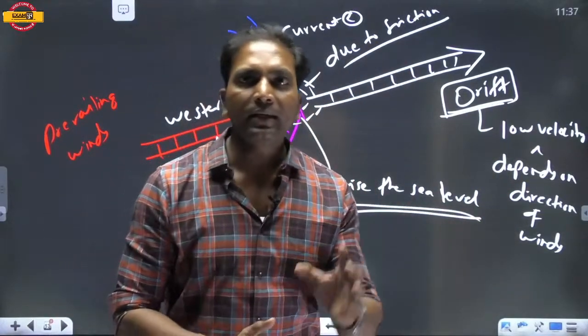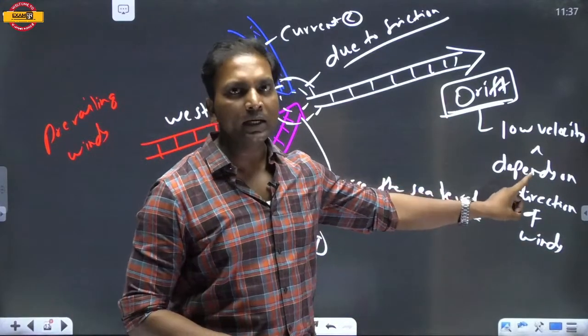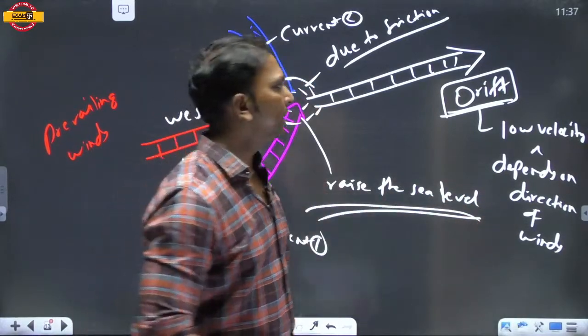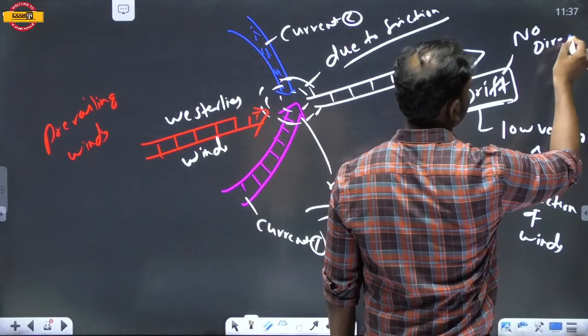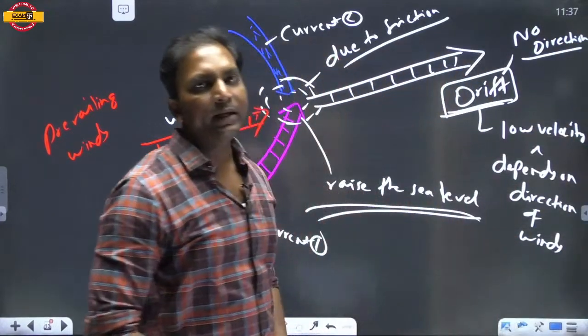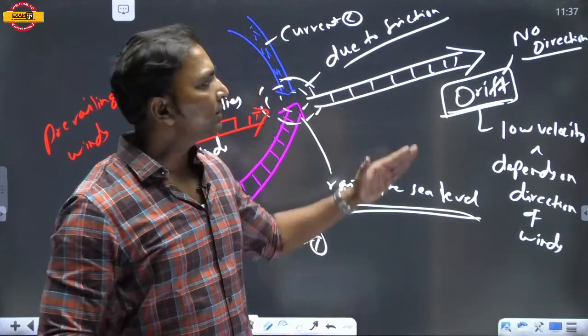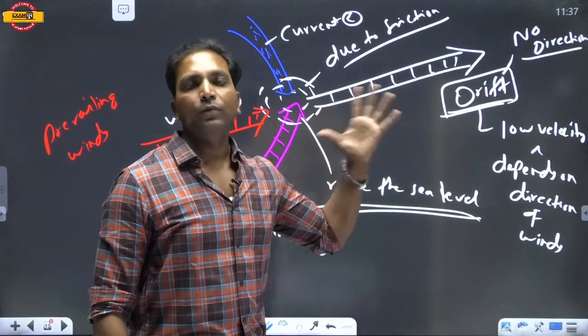The current has a direction as well as the speed, but this one has a very low speed with no direction, because it depends on the direction of winds. So please remember, no direction. These drifts have no direction of their own, it will change with the changes of the direction of winds.